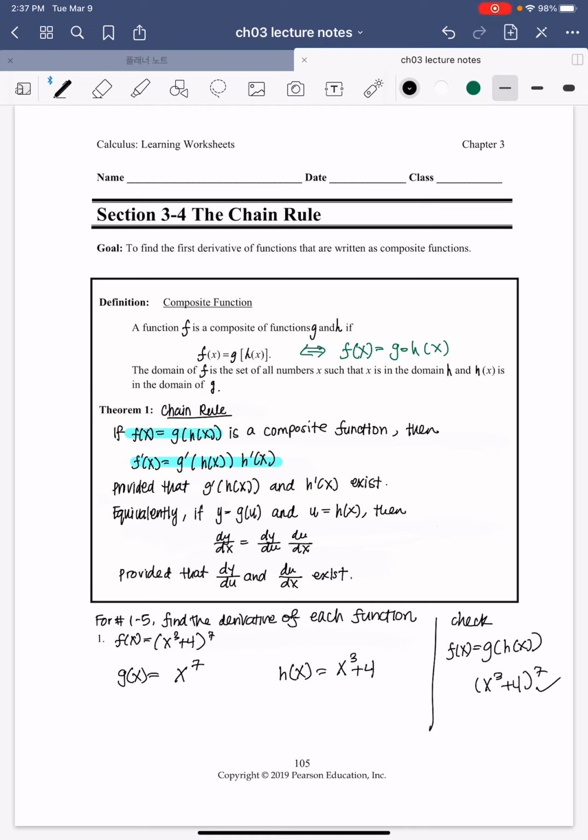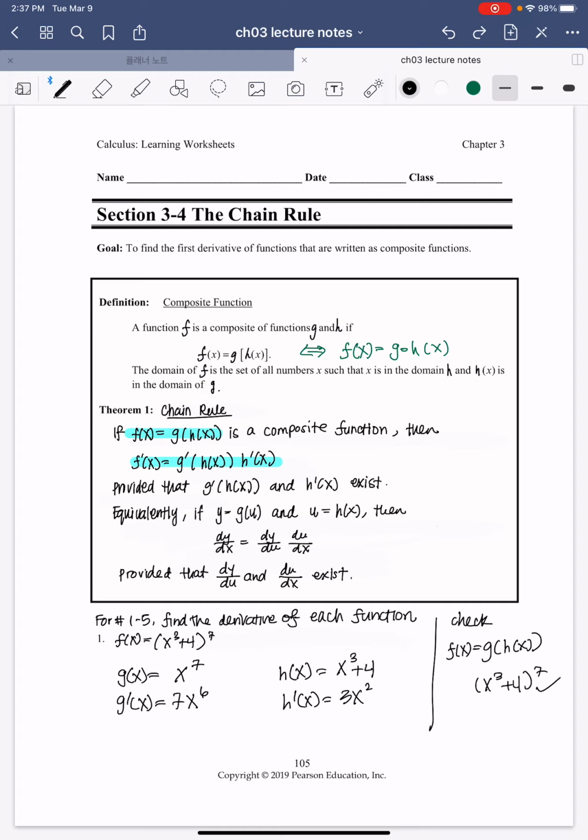Now I'm going to take the derivative. That means I need to take the derivative of the g function and the h function. So let's first do that. g prime of x is 7x to the 6th power. h prime of x is 3x squared, because the constant disappears.